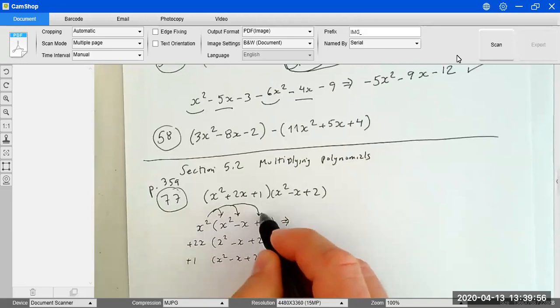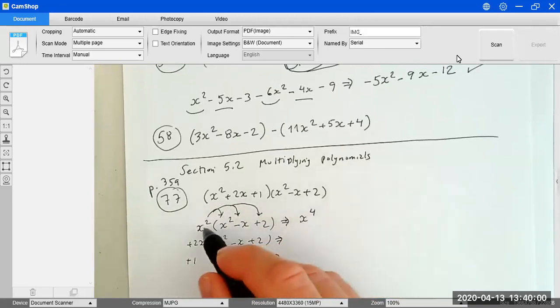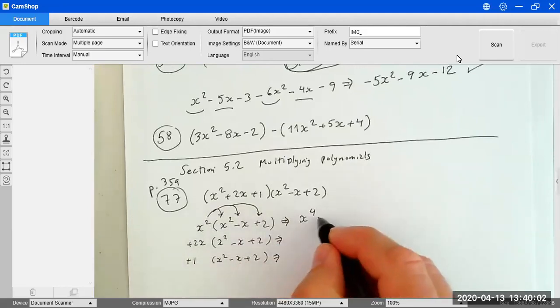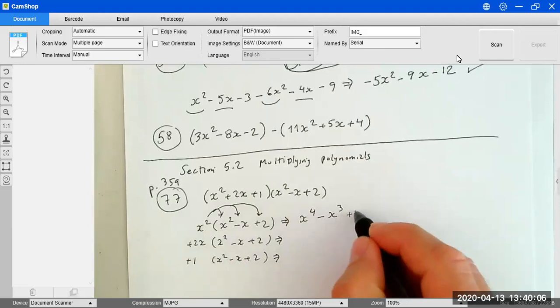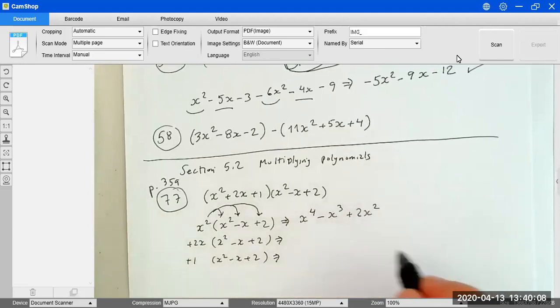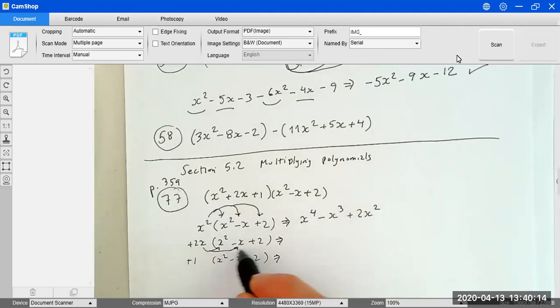So I'm going to have x squared times x squared is going to be x to the 4. x squared times negative x is going to be negative x cubed. And 2 times x squared is just 2x squared. In the second case, I'm going to apply the distributive property too. So I'm going to multiply this and this and this.